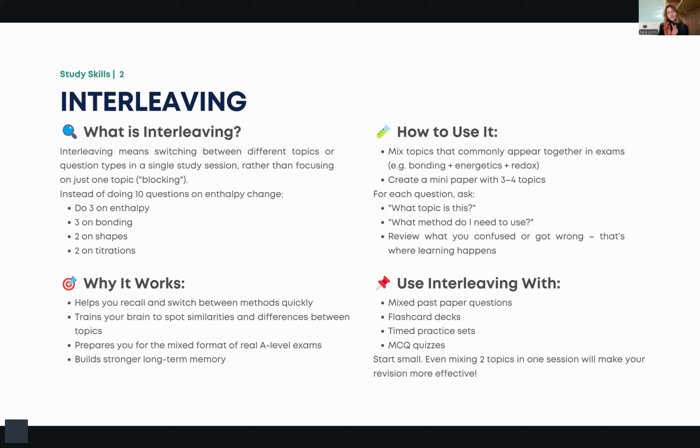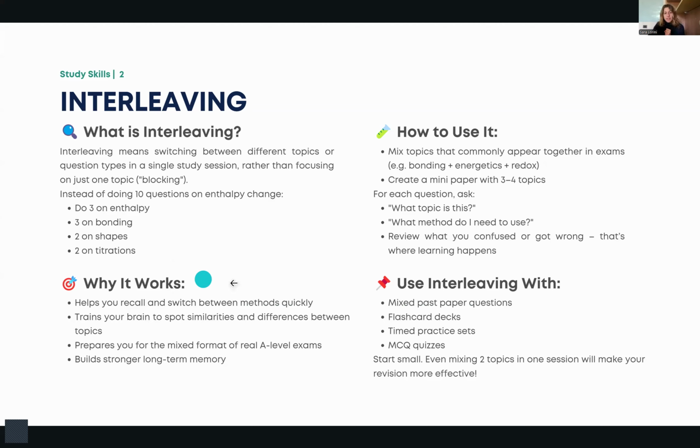So it's still a way that you need to really organize the revision with the topics that you're most confident and least confident in, and the type of questions that you need to work on the most. But then you are combining different types of questions with different topics. For example, you do some questions on enthalpy, 3 on bonding, 2 on shapes, 2 on titrations.